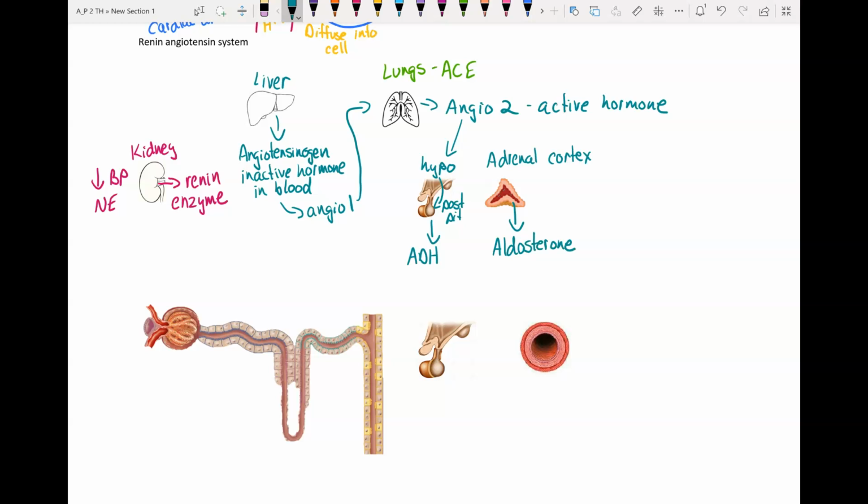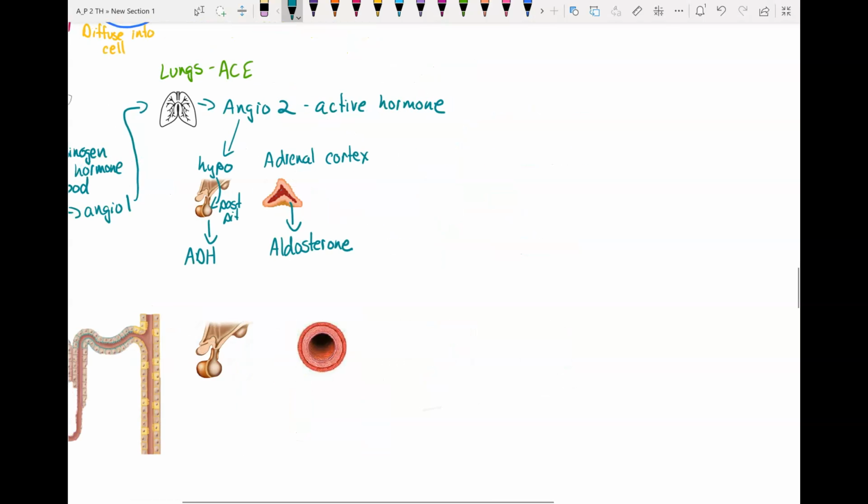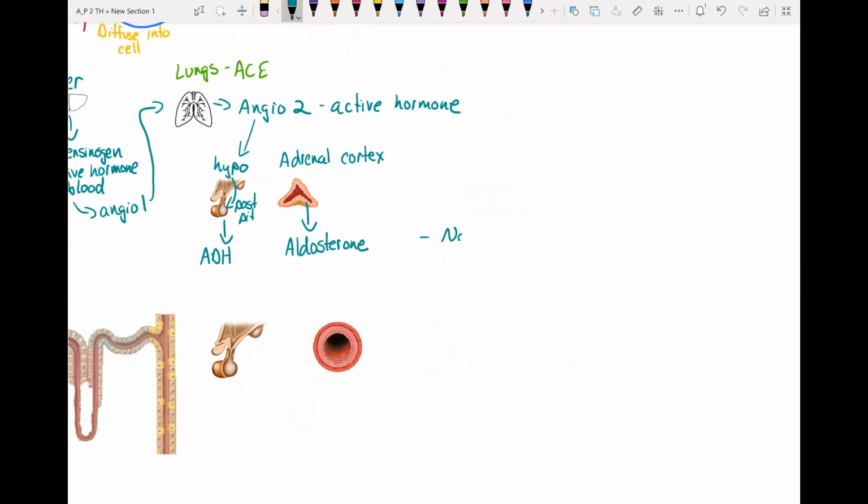Now you have a group of 3 synergistic hormones. You have angiotensin 2, ADH, and aldosterone.